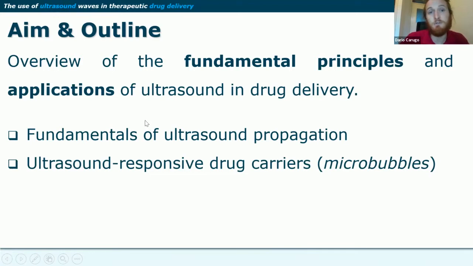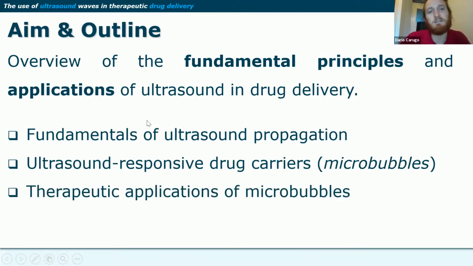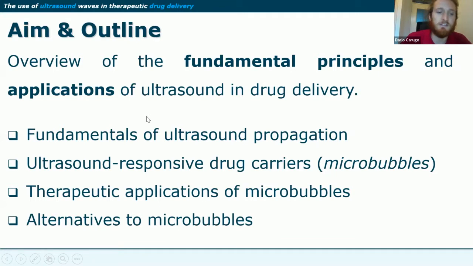I'll then introduce some classes of ultrasound-responsive drug carriers with a particular focus on microbubbles. I'll then present some applications of microbubbles in drug delivery. And at the end of the talk, I will also discuss some alternative agents to microbubbles which could be used to improve therapeutic efficacy. So let's start by covering some fundamentals of ultrasound propagation.